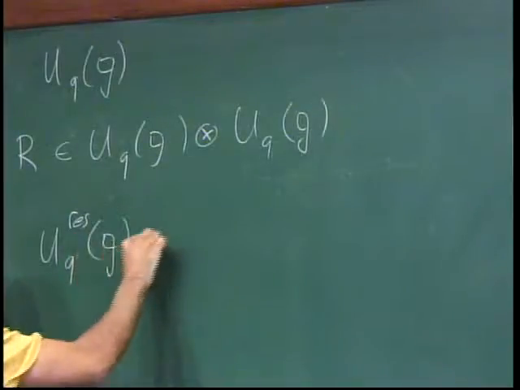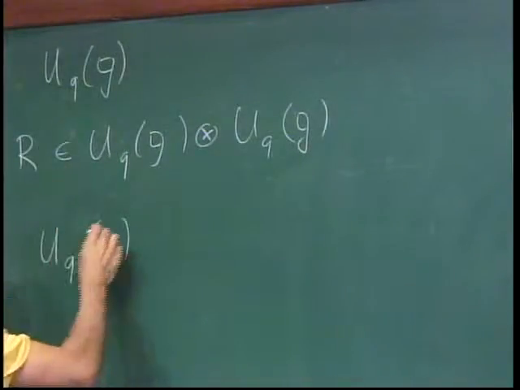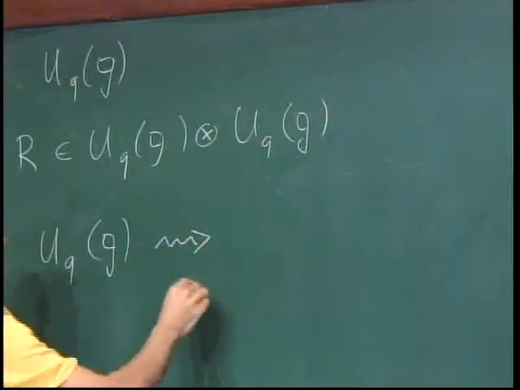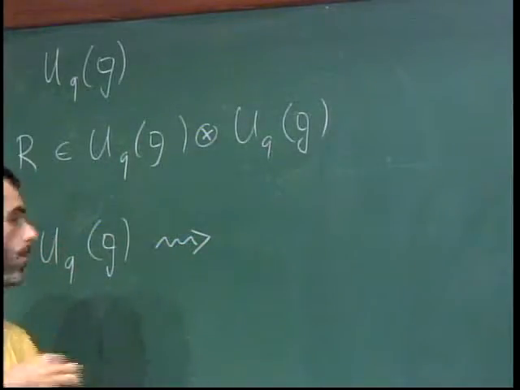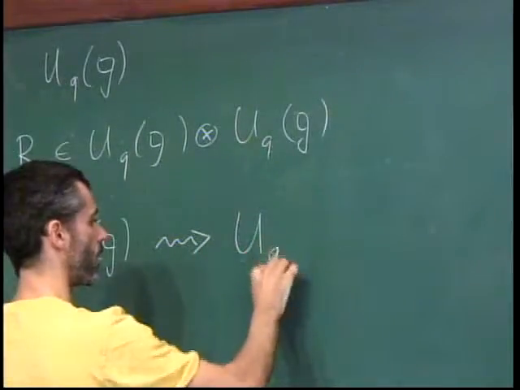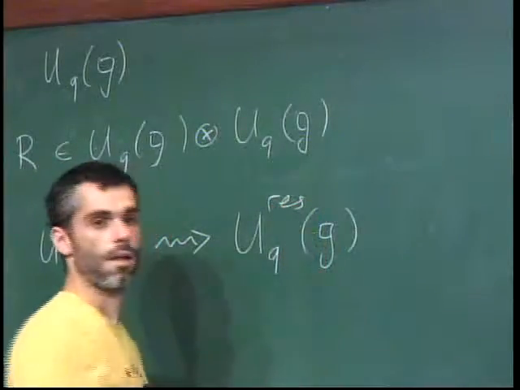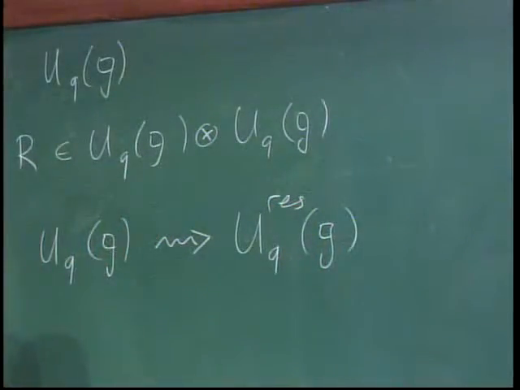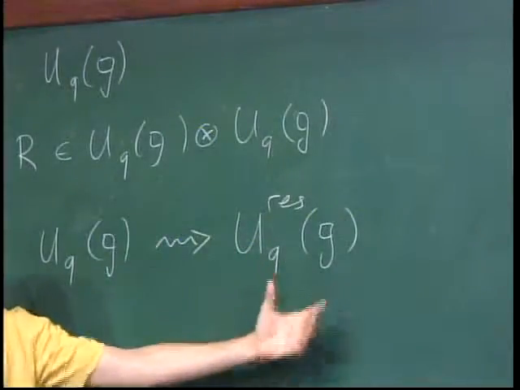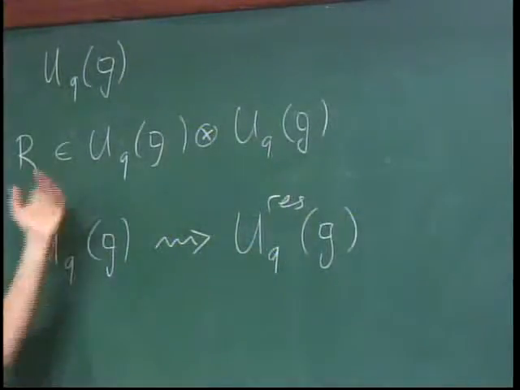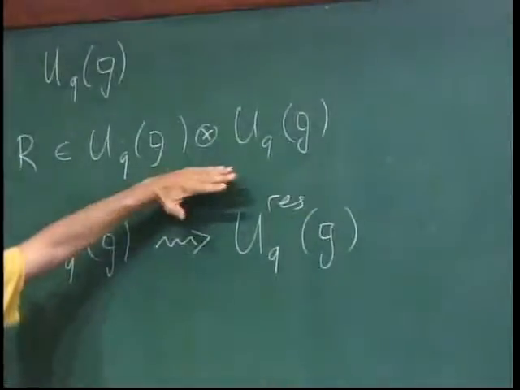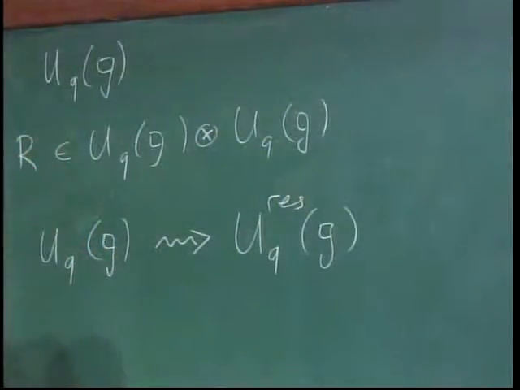add divided powers of the raising and lowering operators. So actually we're changing our Hopf algebra. And that Hopf algebra, again, has all the same features as the previous one, except those particular denominators have now disappeared.